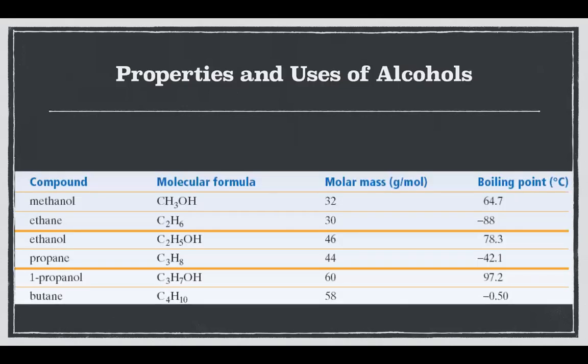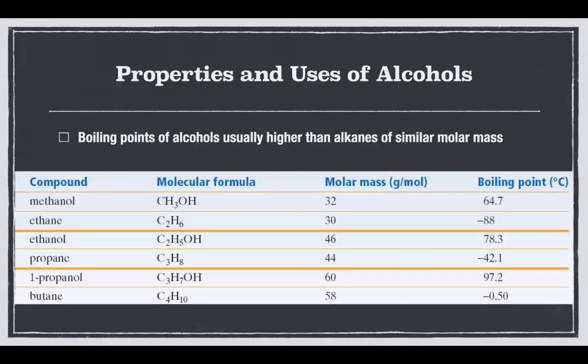Okay, so what do we use alcohols for? Well, besides drinking and feeling really good, we have boiling points, comparing them to the alkane of a similar molar mass. So we have methanol versus ethane. And the molar mass you see here, 32 and 30.